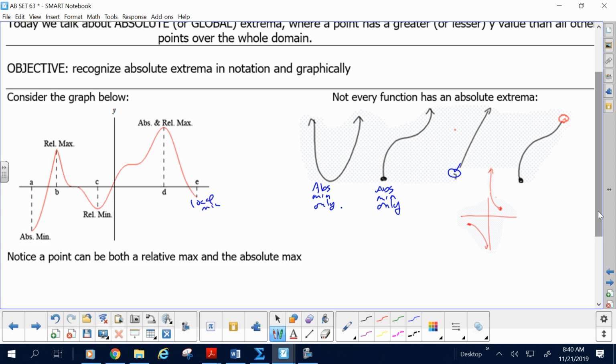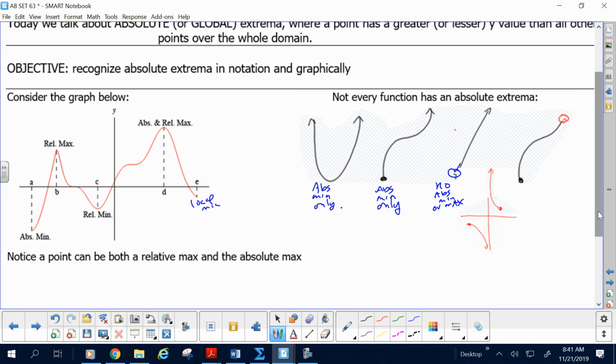Then I always hear students say, what's the point right before that? Well, what does that mean? That doesn't mean anything. Are you saying that's like a hundredth away? Well, isn't there a point a billionth away that's smaller? So there is no absolute min or max there. That open interval kind of ruined everything.